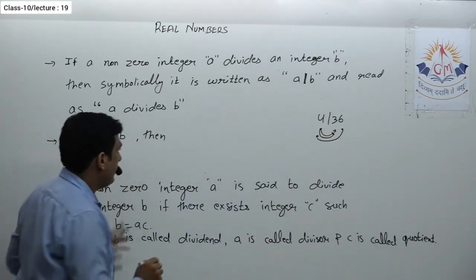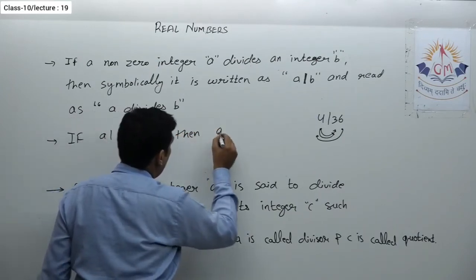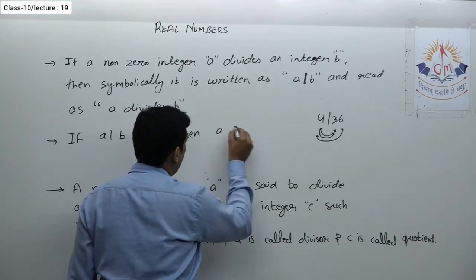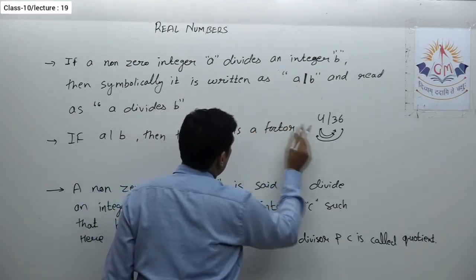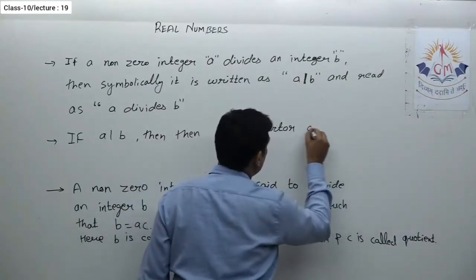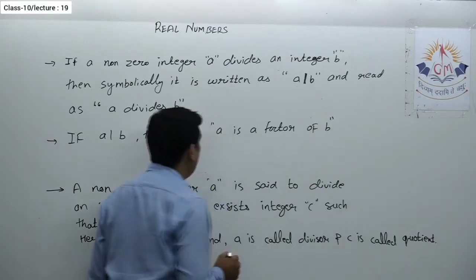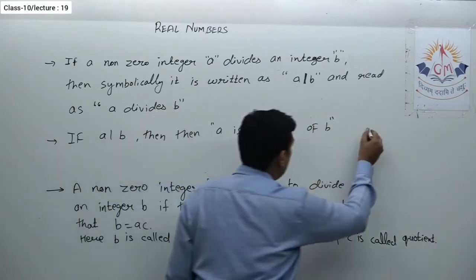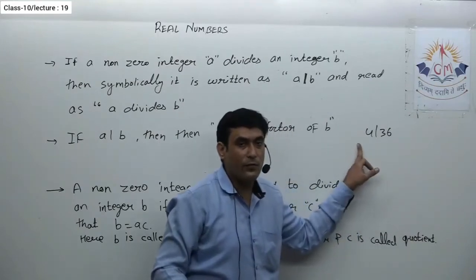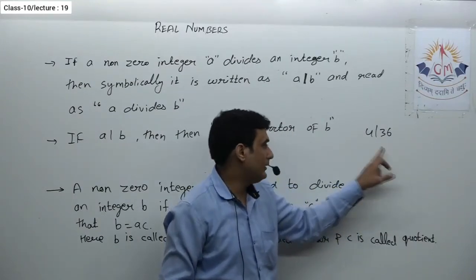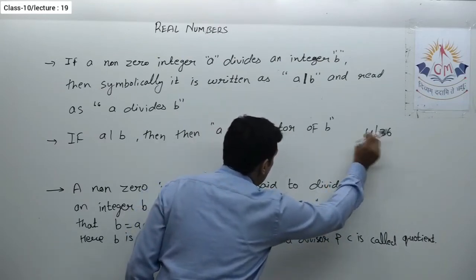If A divides B, then A is a factor of B, isn't it? Simply you can say, as 4 divides 36, 4 is a factor of 36. Okay. Or 36 is a multiple of 4.